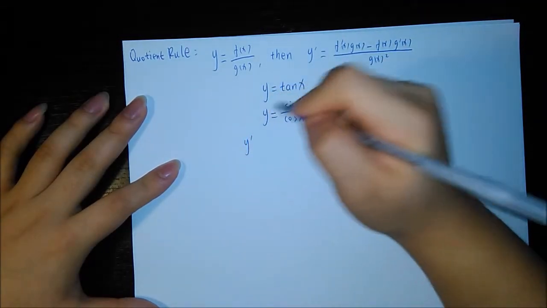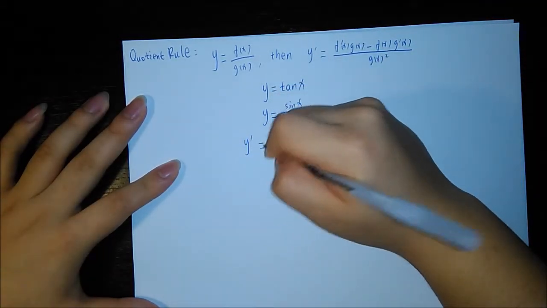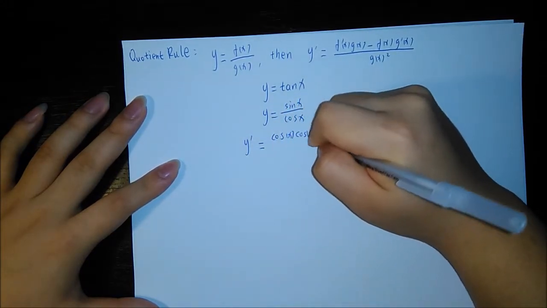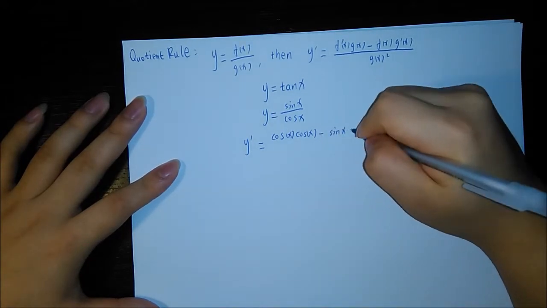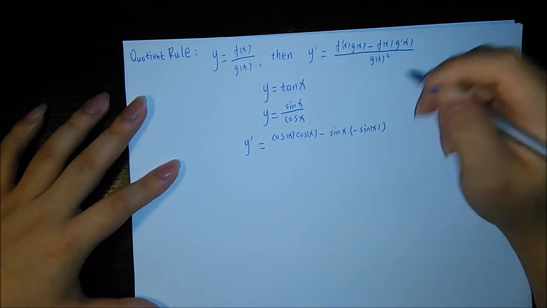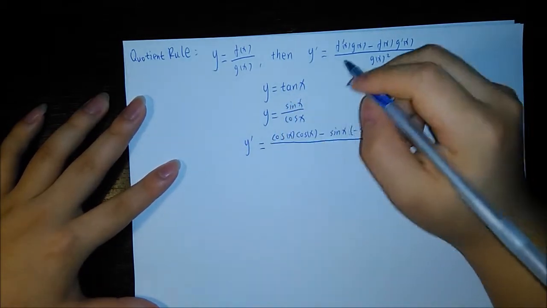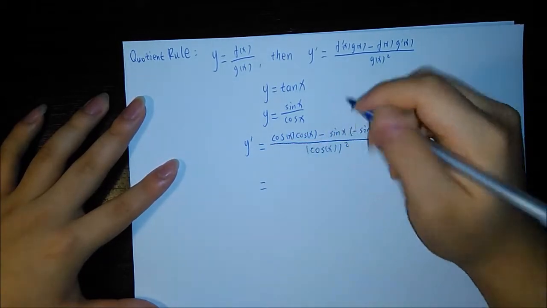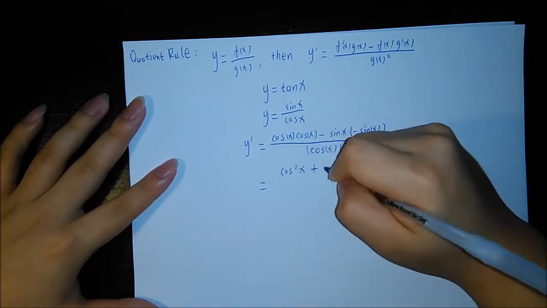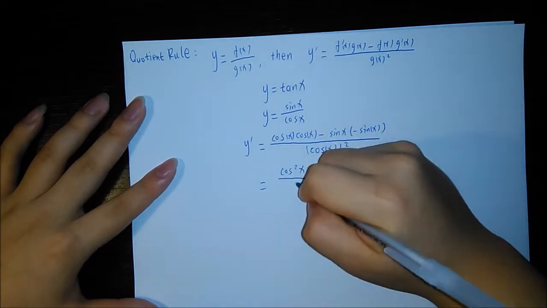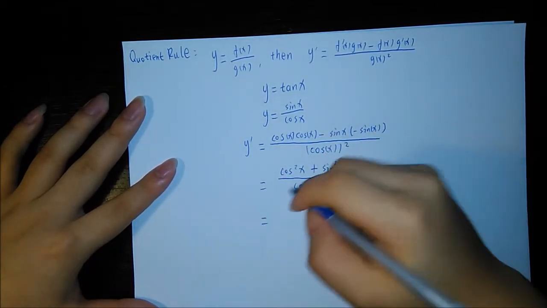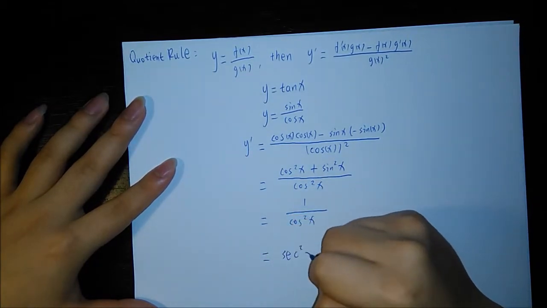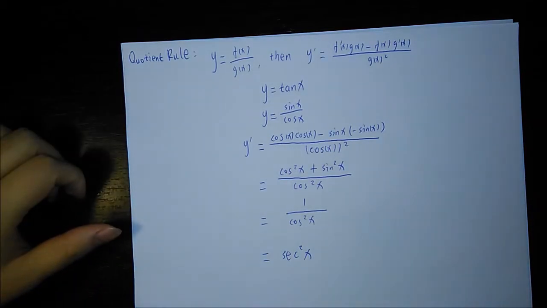So the derivative of tangent x is equal to the quotient rule result.